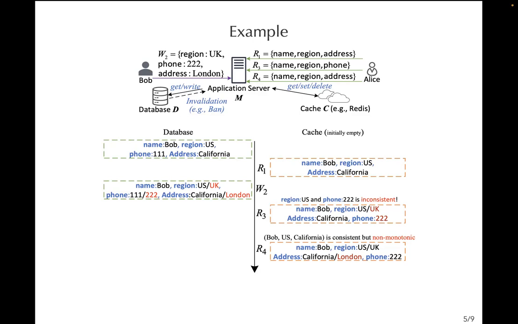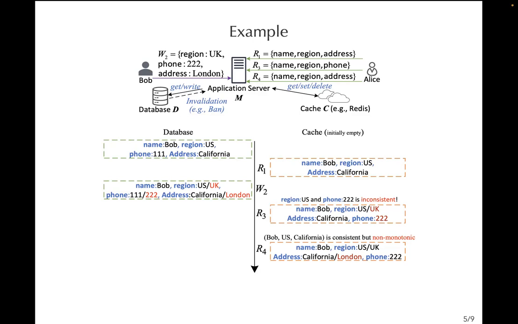By ban invalidation or TTL, a cache is not updated immediately. Then for R3, Alice could get Bob for name and US for region from the cache, but it will need to fetch the phone number from the database, which is 222 now. So 222 is also stored in the cache.